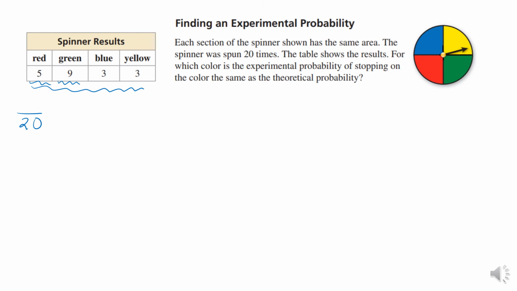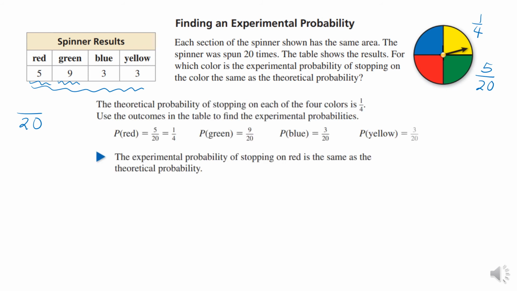So remember, since we have 20 and the theoretical probability for one color should be 1/4, right? That would be 5 times out of 20, correct? 5 out of 20 is 1/4. So the only one that matches that is the red. So let's look at their answer.